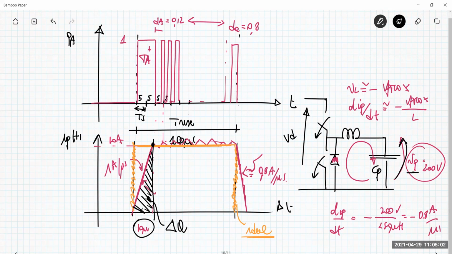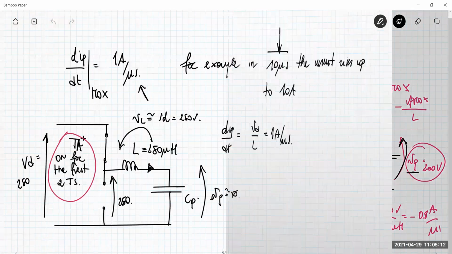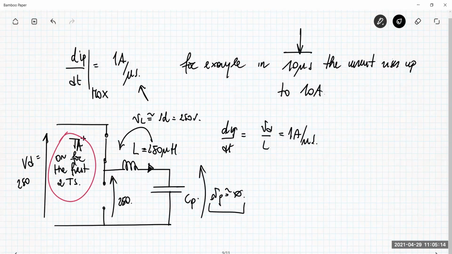So what does it mean? That at the end of this interval, the voltage across the capacitor is 10 volts. It's no more 0. Remember my computation, where I made a somewhat simplified analysis, saying that for the first 10 microseconds we have, more or less, 0 voltage across the capacitor.